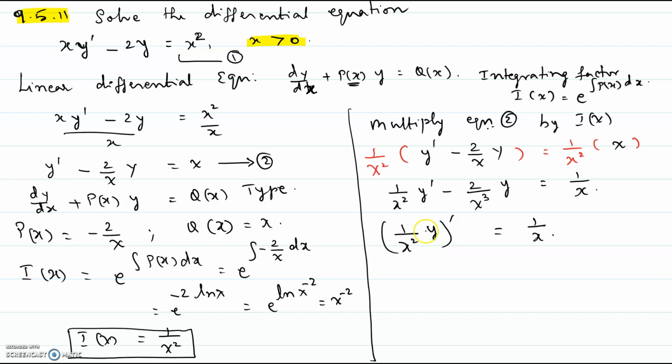If you apply the product rule, that will be y prime. Then y times derivative of 1 over x squared, which will be negative 2 over x cubed. So the purpose of finding this integrating factor is to make only the left hand side of the equation 2 a perfect differential. Now you integrate both sides.